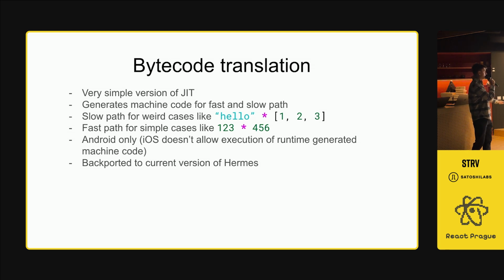It's simple like this. If the check for the fast part fails, it will just do the slow part, and that's it. It's Android only, like everything JIT related, because JIT generates machine code at runtime, which is not allowed on iOS. But it's not that big an issue because iOS is quite fast anyway. And, as I said, it's backported to the current version of Hermes.